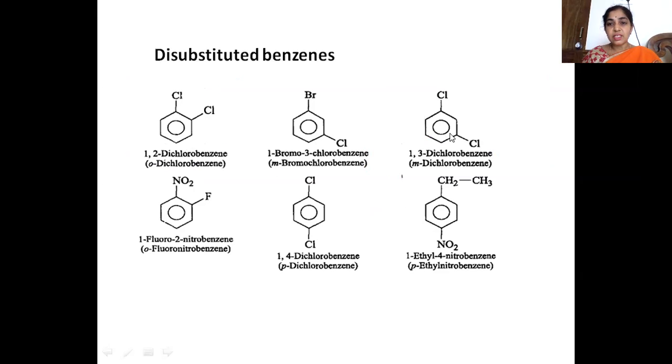Here, the Cl is present in the meta position, so we call it metadichlorobenzene. Similarly, here it is positioned at the para position, so we call it paradichlorobenzene. When you number it, it is 1,2-dichlorobenzene. Here it is 1,3-dichlorobenzene. And here it is 1,4-dichlorobenzene.